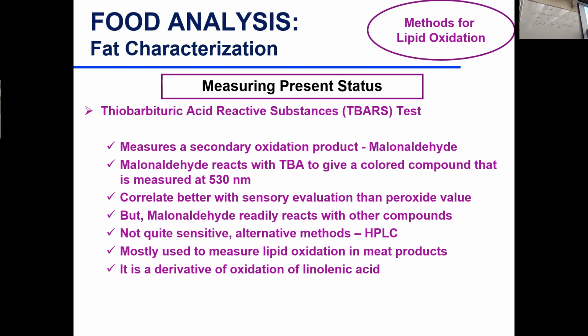However, malonyl aldehyde can still react with other components, so it reacts readily with other compounds. It's not a very sensitive method. An alternative method is HPLC to measure malonyl aldehyde directly, and it is commonly used in meat products.